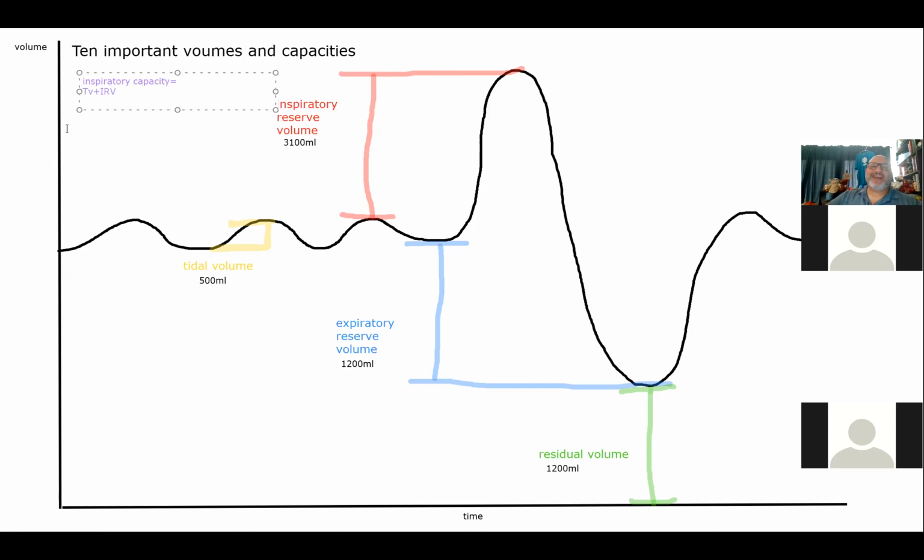So what would the average inspiratory capacity be? 3,600, excellent.